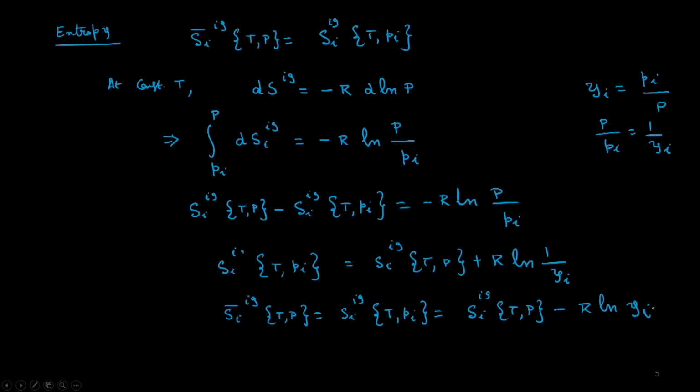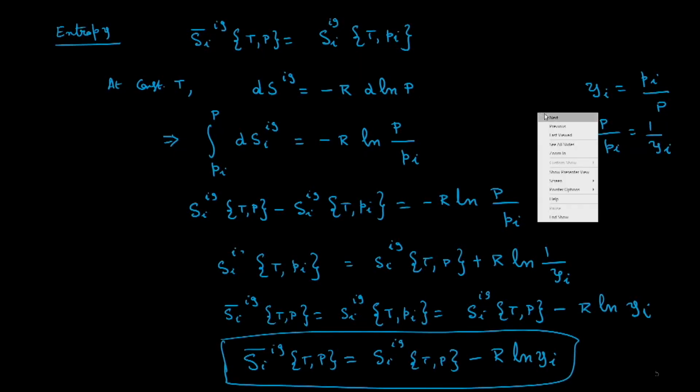I have inverted 1 over Yi and then brought the negative sign before R. So then for the partial molar entropy in a mixture of ideal gas, Si bar IG will be the pure component value for entropy at T and P minus R ln Yi.